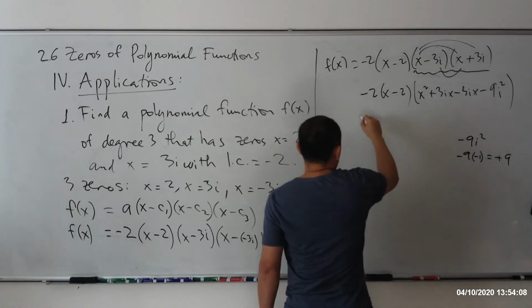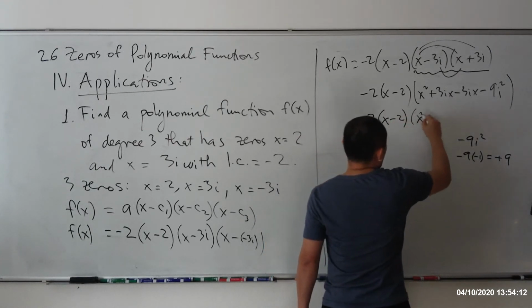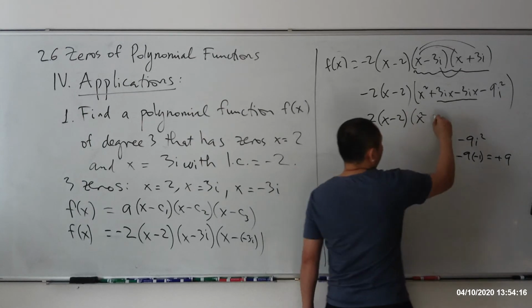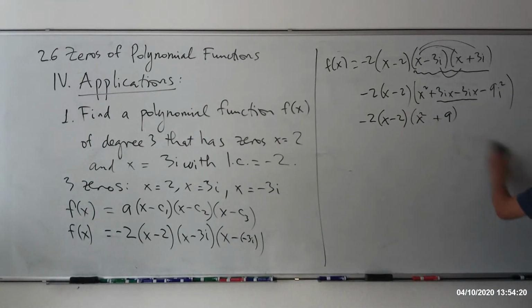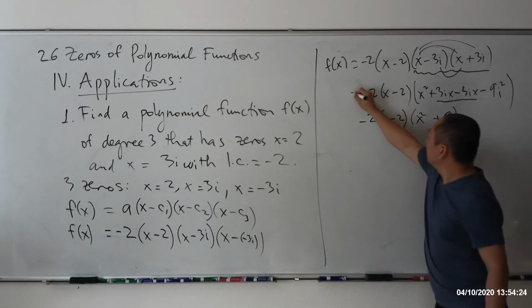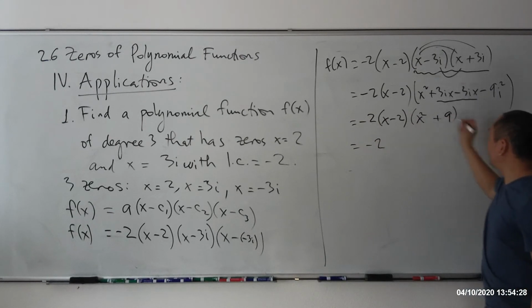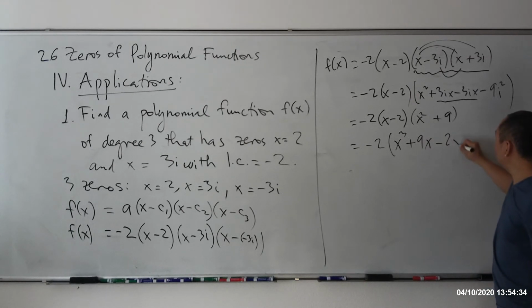So, we have what? Negative 2 times x minus 2 times x squared. You see what happened to the middle two terms? Cancel each other out. And then you have plus 9. You see what happened after this? No more i. Keep going. Negative 2 out, for this, we got x cubed plus 9x minus 2x squared minus 18.